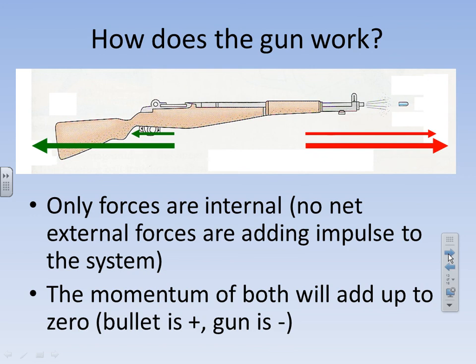So the gun has to go backwards, and that's that recoil idea. Depending on the size of the gun, the size of the bullet, the shell or bullet you're using, that recoil can be different speeds and different amounts, depending on the forces exerted inside.